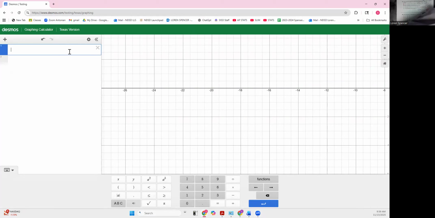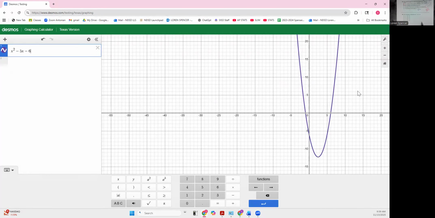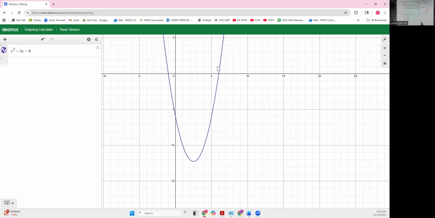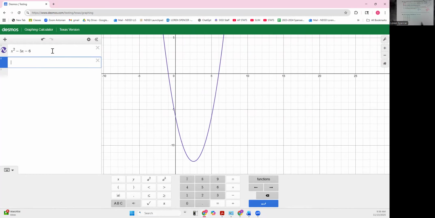We have x squared minus 5x minus 6. I'm going to zoom out so that we can see this. Okay, there it is. Now I'm going to input these next ones and see which one matches.